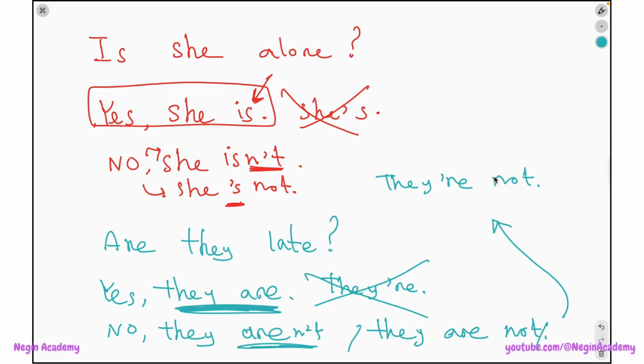But please, guys, do remember, whenever you want to answer questions with to be, and the answer is negative, it's better and much more common to contract the not. So this type is much more common than the other types. If you want to contract to be, it's okay. It's not grammatically wrong, but the contraction of not is much more common in spoken language.